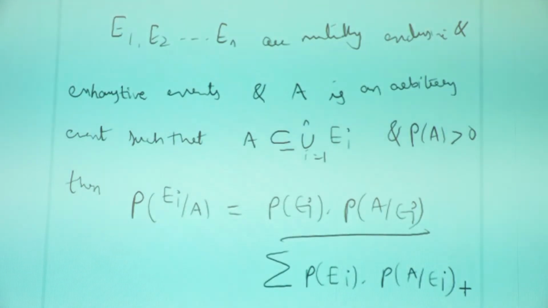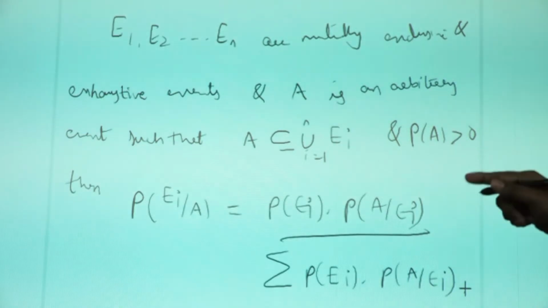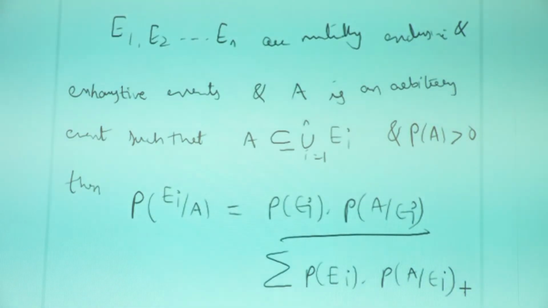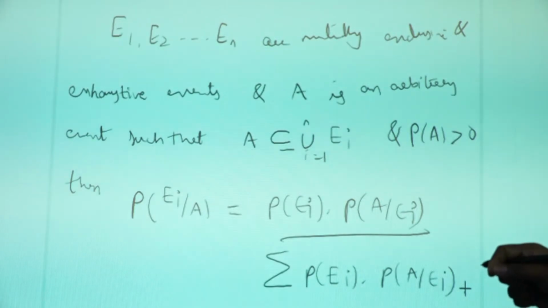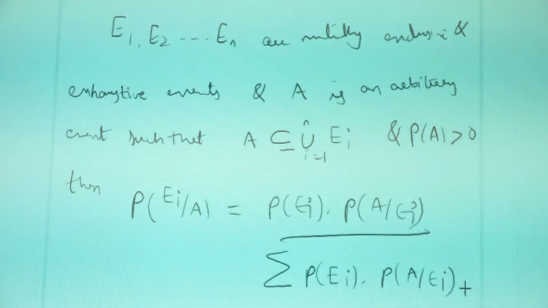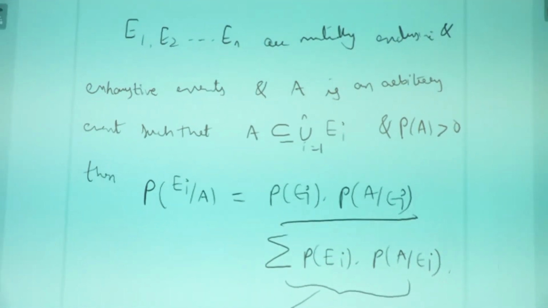A is some event which will not happen individually. It has to happen with E1, E2, E3 and so on. Something common will be there between A and E1, A and E2, A and E3 and so on. If it is in such a way, then the conditional probability is P of EI by A is equal to P of EI into P of A by EI by summation P of EI into P of A by EI. This denominator part is called total probability. Write that.